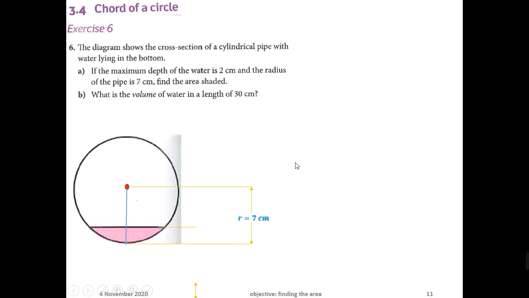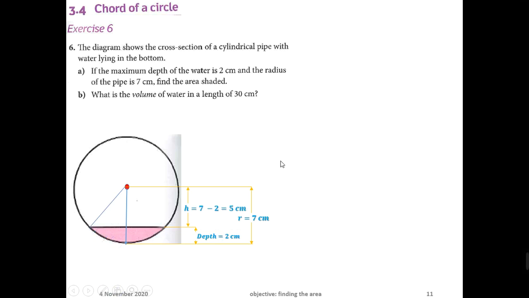The distance from here down there, as the arrow is showing, is the depth of the water, which is 2 centimeters. So we are reflecting the given numbers in the question on the sectional drawing. The remaining distance, from here to here, is 7 minus 2, which is 5 centimeters.